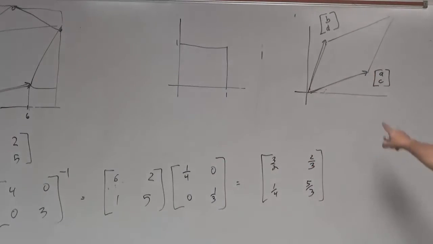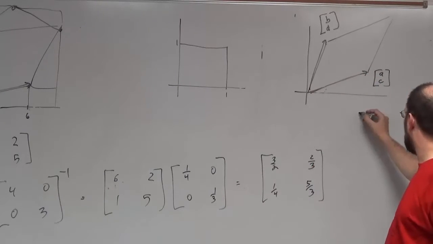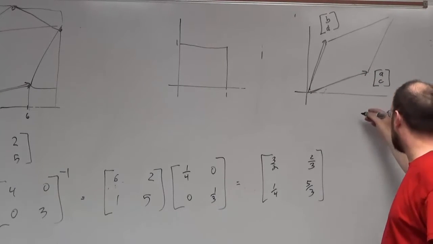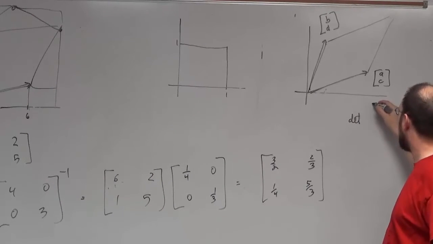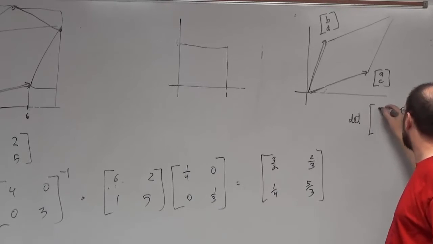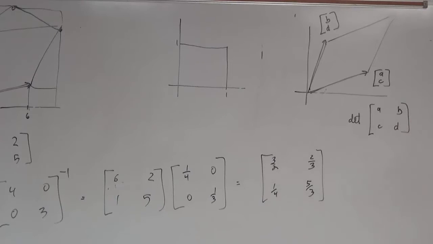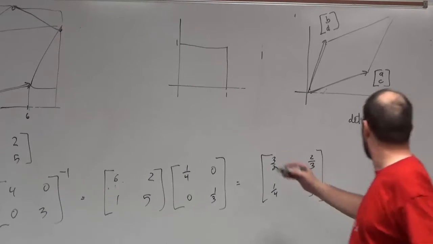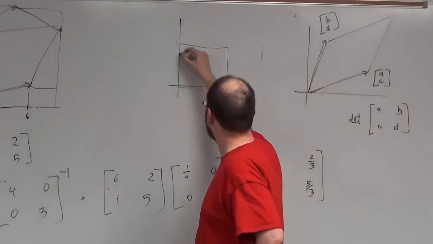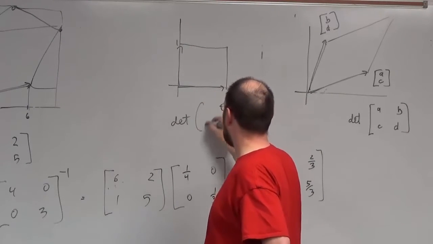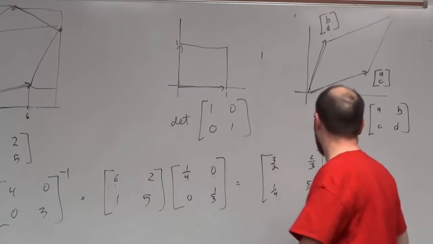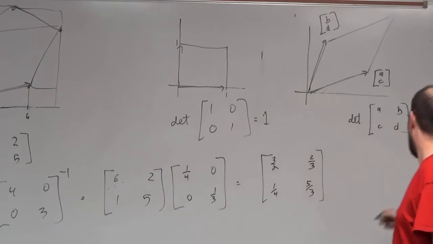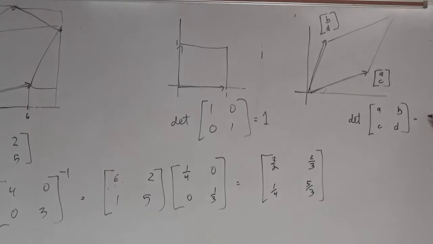The signed area, plus or minus, would be the determinant of the matrix ACB. Correct? The area of the unit square is the determinant of the identity. So that's 1. This would be just the determinant of the matrix.